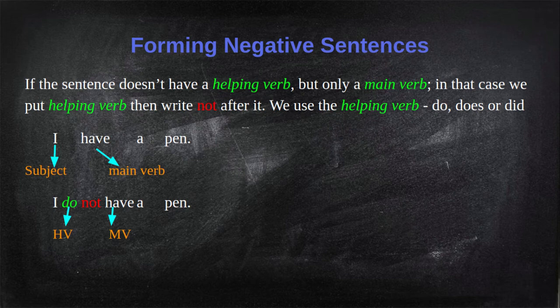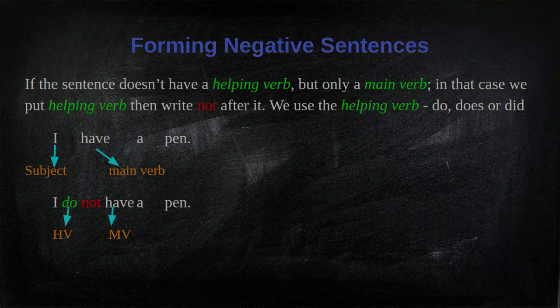I is the subject. Have is the helping verb. But it will act as the main verb in this sentence because no action is being done. So to change into negative, I write do after the subject, and after writing do, I write not. So the negative will be I do not have a pen.